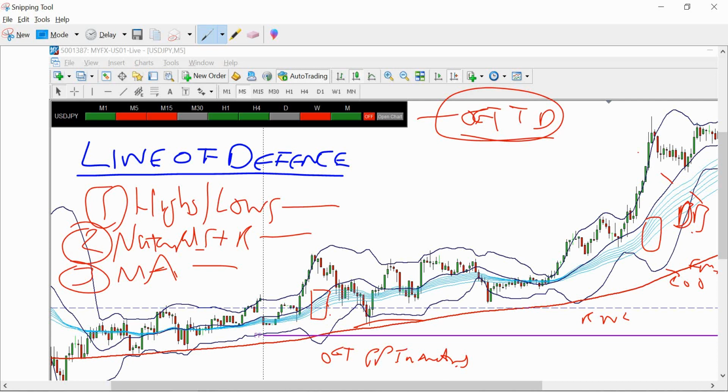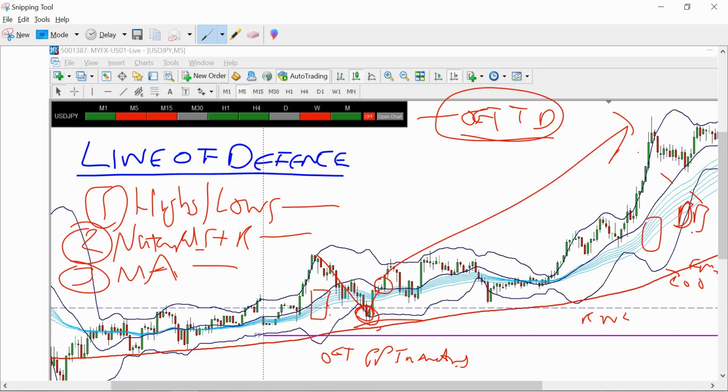And what we're looking for is price to drop and touch the lower Bollinger Band while the EMAs are still intact and above the 200 EMA. And what we're doing is waiting for a close above the middle band for us to go long.